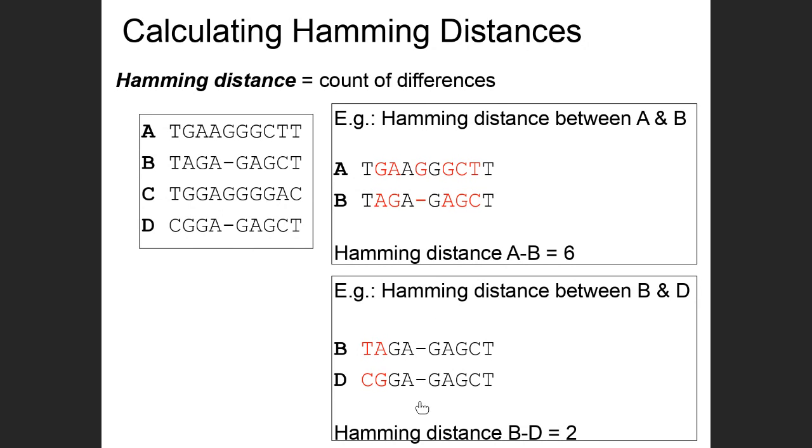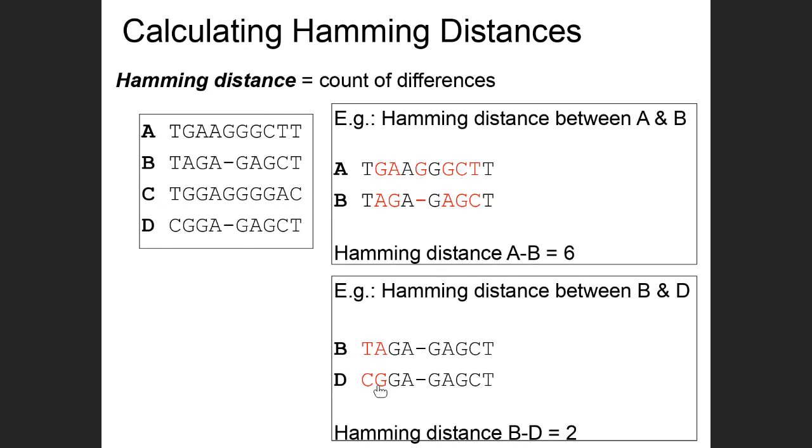So that is not a difference. And so the difference between those, which is the Hamming distance, is 2. So one nucleotide change, 2 nucleotide changes. That's all.